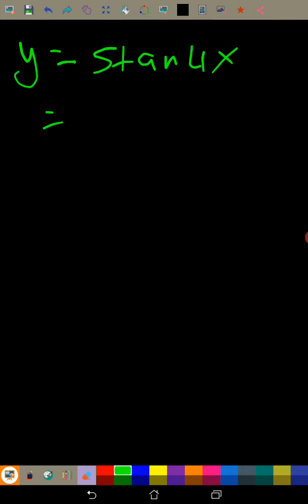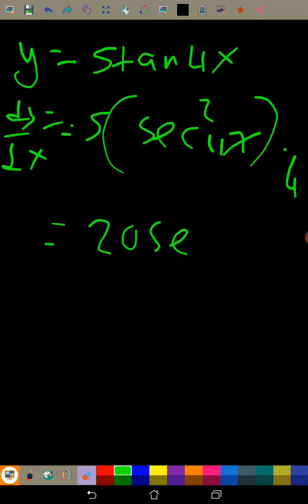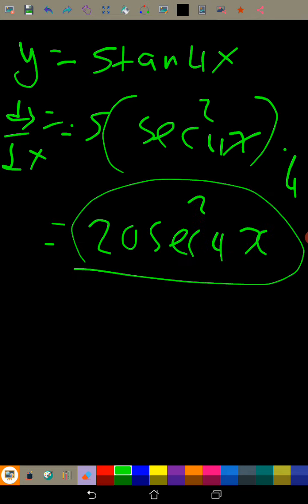We need now to do something more difficult. Yeah, we have y is equal to 5 tan 4x. This is also simple. dy by dx is going to be 5 sec square 4x times 4, which is 20 sec square 4x.